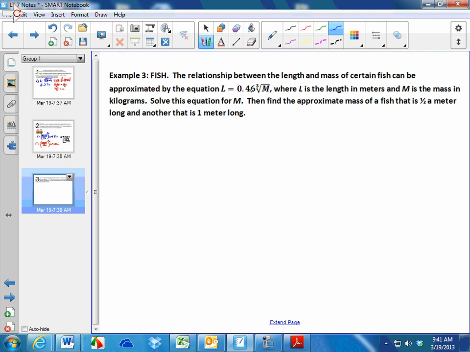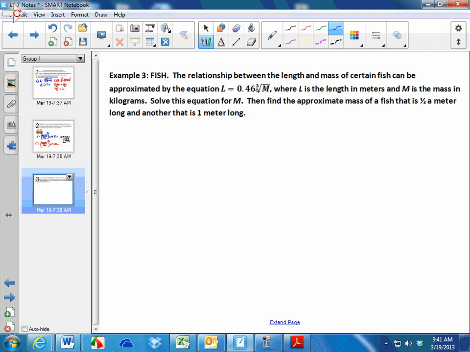Because all you do is take 0.46 times the cube root, right? If you plug in for L, then you'd have to do some solving, right? So when you're solving this equation for m, as the directions say here, you're rewriting this equation as m in terms of L. So you're basically switching the domain and range of what you would want to plug in for. All right, so let's do that.